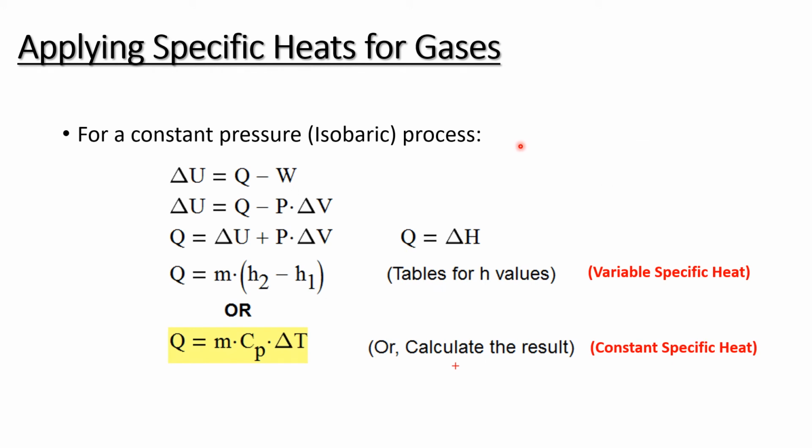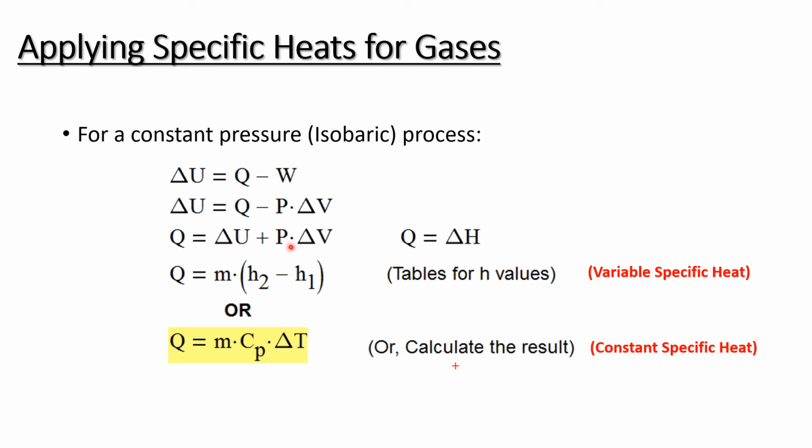Let's summarize what we've learned about specific heats for gases. And let's particularly look at this problem where we have a constant pressure process, which we call an isobaric process. We know that by ignoring kinetic and potential energy effects, delta U is Q minus W. We also know that for an isobaric process, W is P delta V. So we can solve for the heat transfer during a process like this.